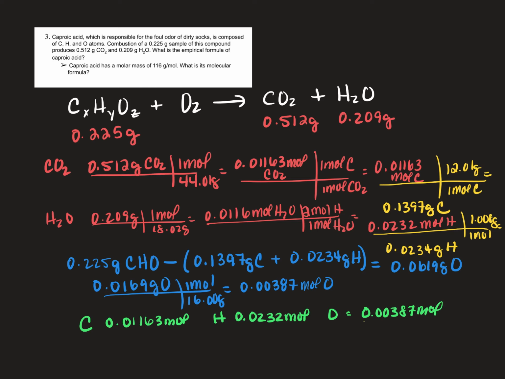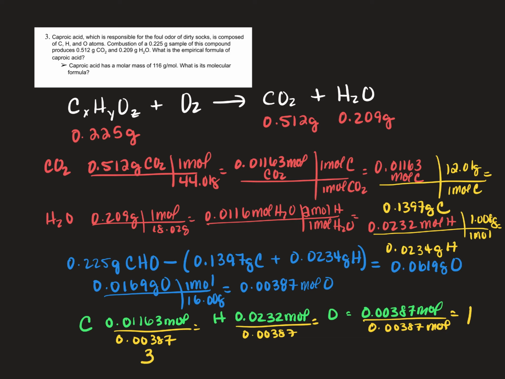So we're going to divide by the lowest number, which is 0.00387 moles. So that's going to be 1. So we're going to take 0.01163 divided by 0.00387, and we get 3.